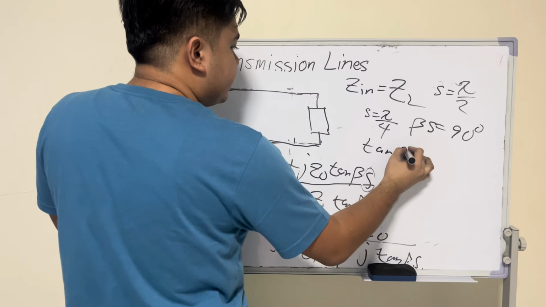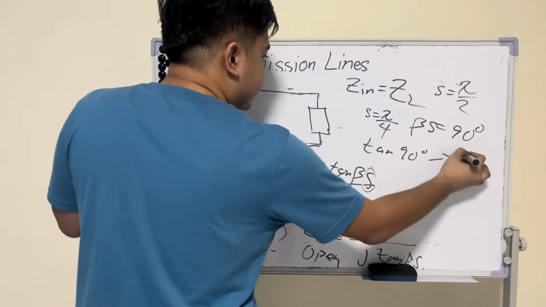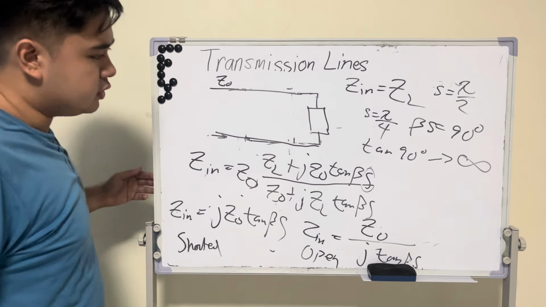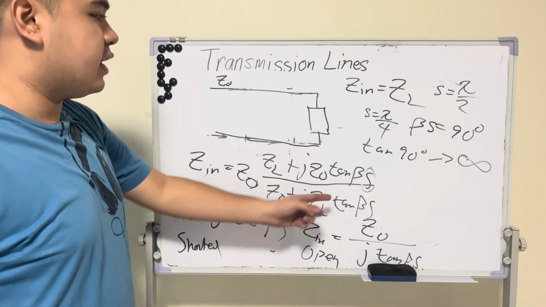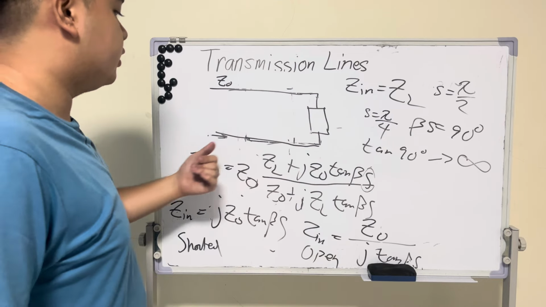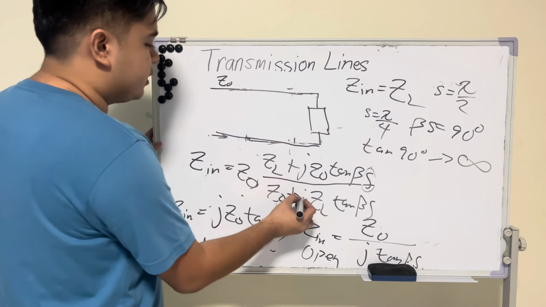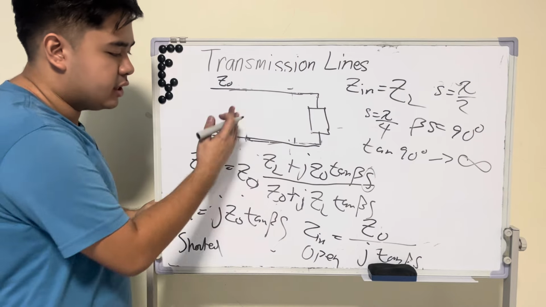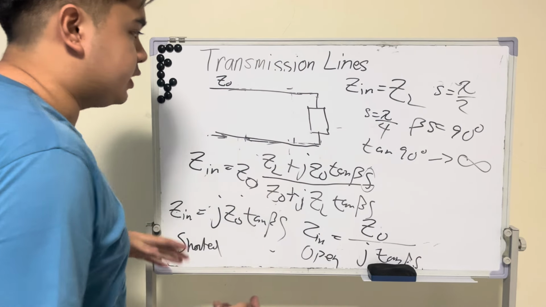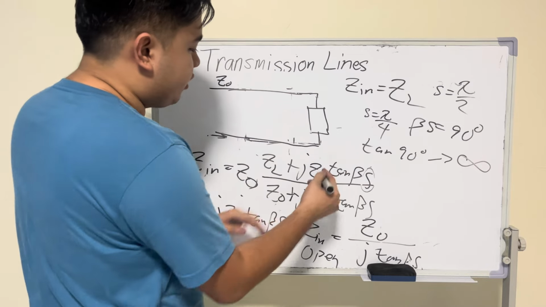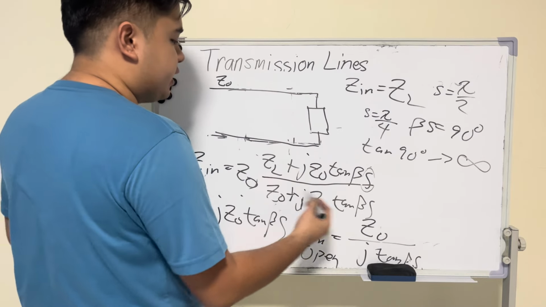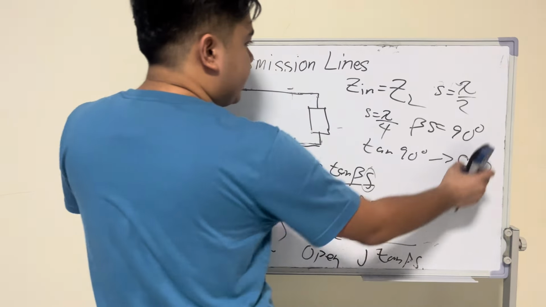Tangent of 90 degrees approaches infinity. So this tangent beta S would overwhelm the other terms. So we can cancel out the ZL and the ZO here because they are not infinity at this point. If we cancel them out, we are left with JZO tan beta S over JZL tan beta S.